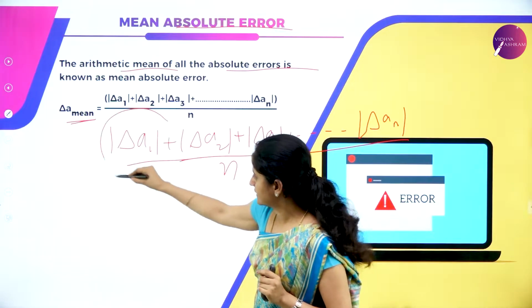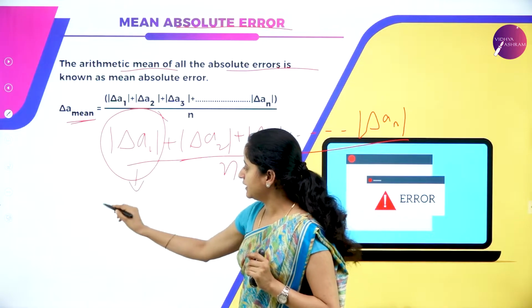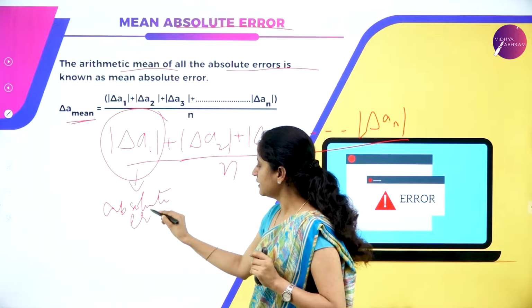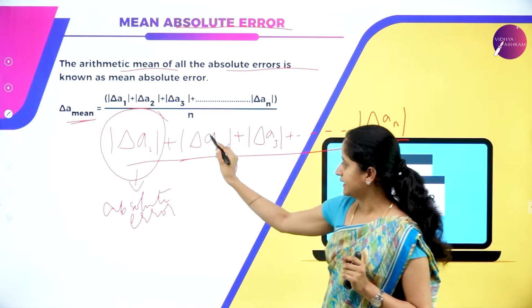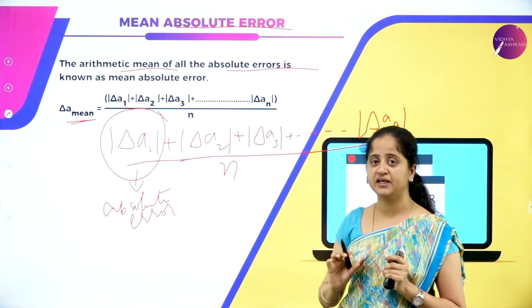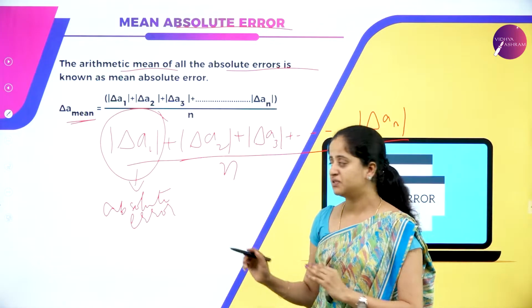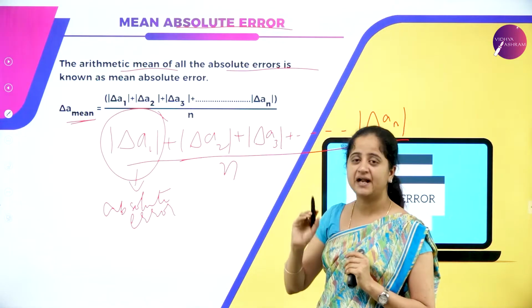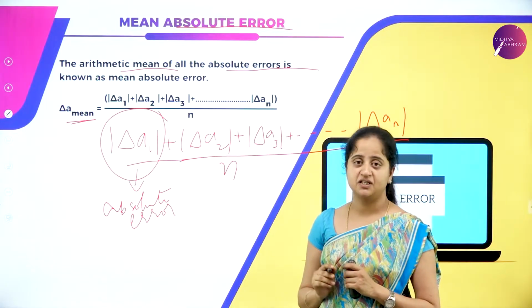Here, delta A1 refers to the absolute error of quantity 1. So here we are taking the average: we sum all the absolute errors and divide by the number of absolute errors, which gives the arithmetic mean of absolute errors, and that is called the mean absolute error.